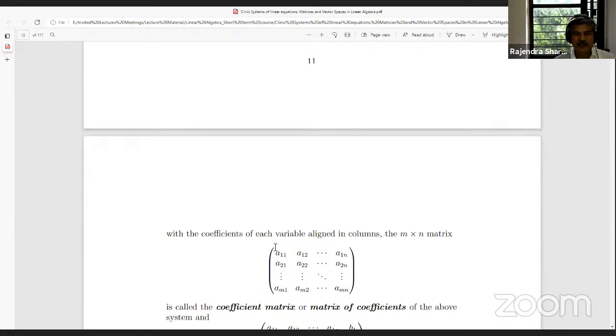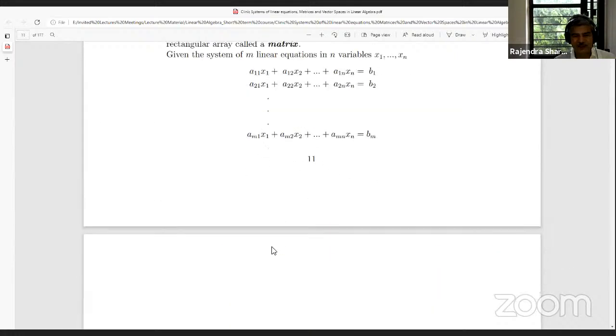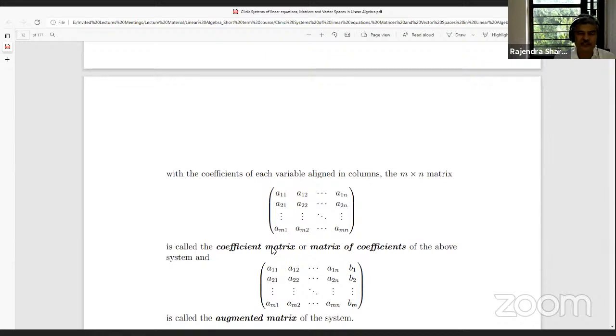So what we do is we just simply throw away everything and just retain the coefficients, and then put them in a bracket so that they don't run away. And this beautiful array is a matrix, having m rows and n columns, and we call it a matrix of order m by n.